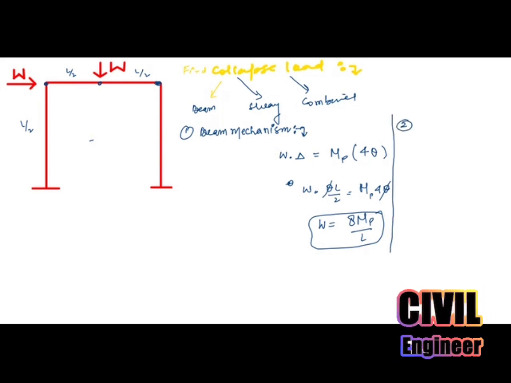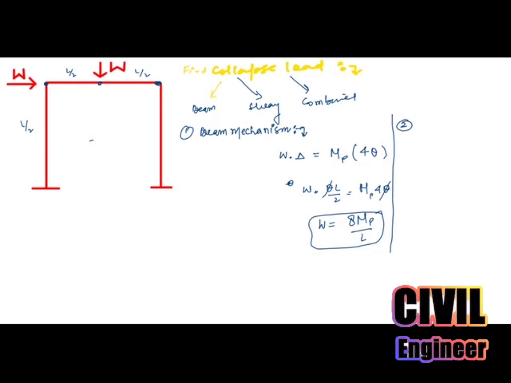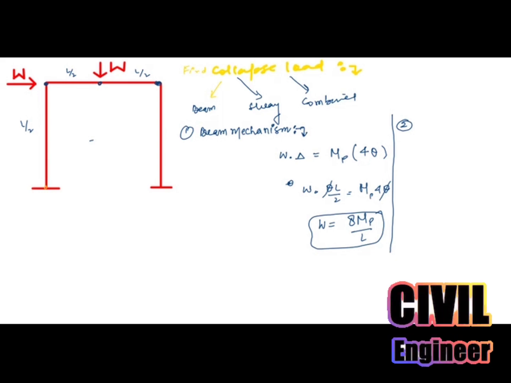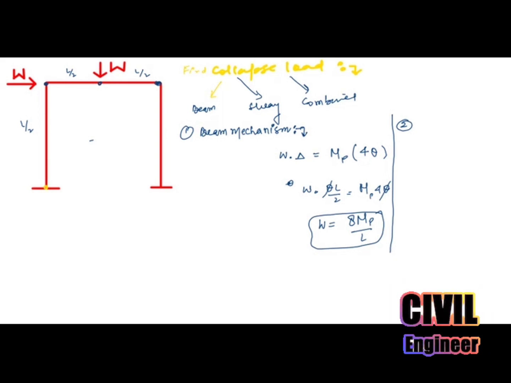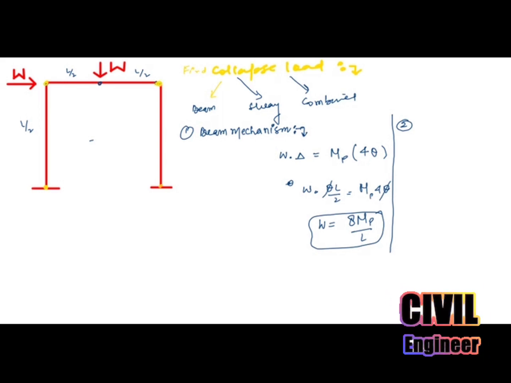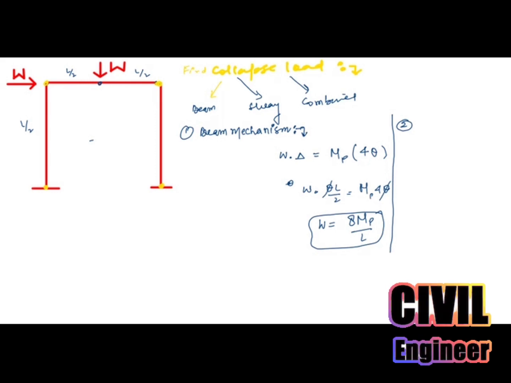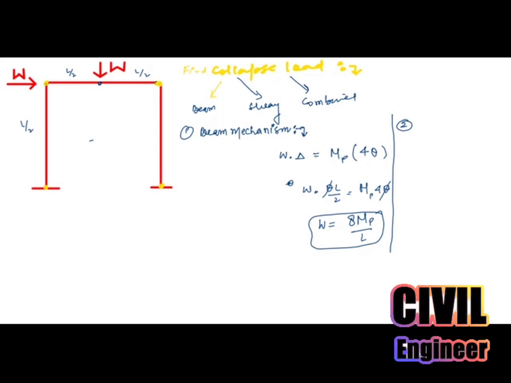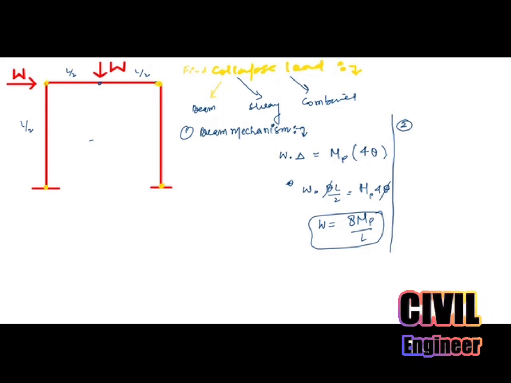Independent mechanism. If you go through sway, this will fail, this will fail, this will fail, and this will fail. These four will fail, and these will cause the sway mechanism.